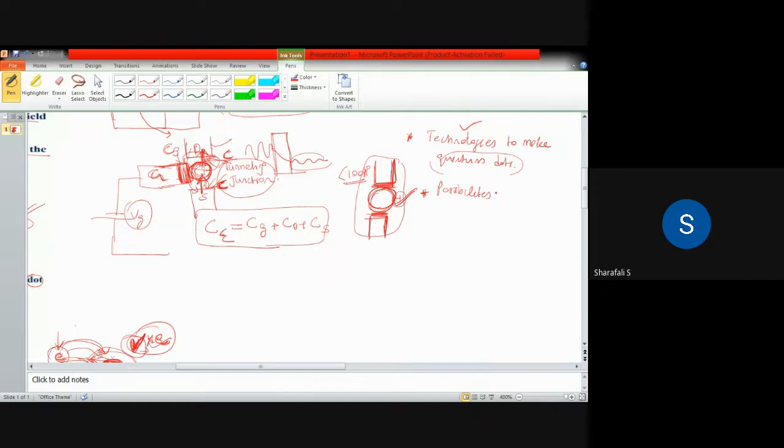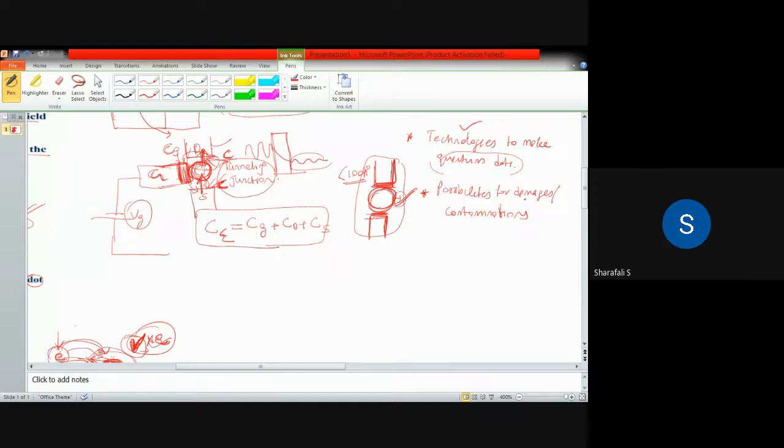So there are possibilities for damages and contamination. So all these things we have to take care of when you make this kind of device. So all this should be avoided in the fabrication.